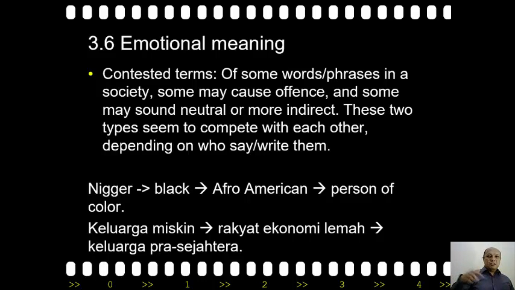Of course, this will provoke some kind of feeling, some kind of sentiment among the people who hear your speech or read your writing. But if you are pro-government, if you side with the government, you would refer to those families as keluarga prasejahtera, which is more indirect, more polite, in essence a softer term.